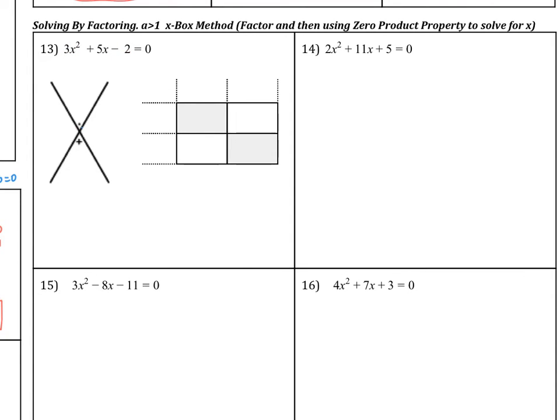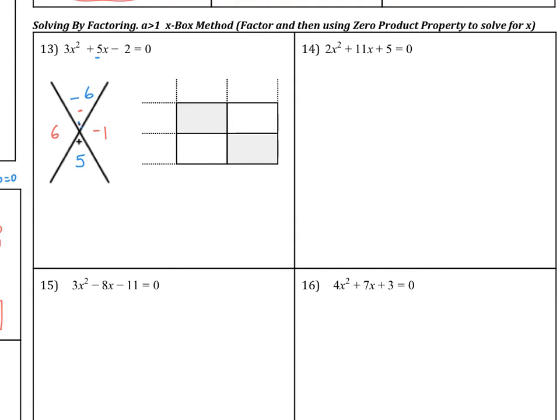So the multiplication, or the top number, would be negative 6. On the bottom is the middle number, that is 5. Now we are looking for two numbers here. When we multiply, we get negative 6, and when we add them, we get 5. So the two numbers are 6 and negative 1.